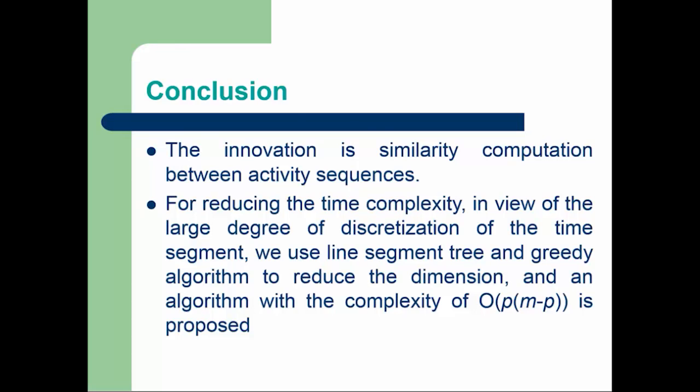In view of the large degree of discretization of the time segment, we use line segment tree and greedy algorithm to reduce the dimension, and the algorithm with the complexity of this is proposed.